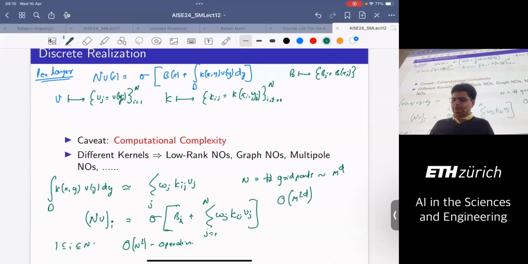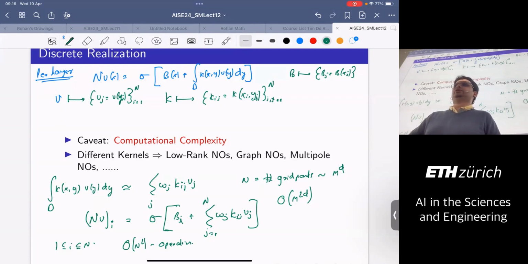So in some sense, you can see that already this is an issue that we have to deal with, because we have a big cost of computation. Just imagine that you're in 2D, which is the standard thing that we often deal with, and you're doing processing on a 100 by 100 grid, on which you have the inputs and outputs. So now you have 10,000 points, and the computational cost is going to be 10,000 times 10,000, which is 100 million.